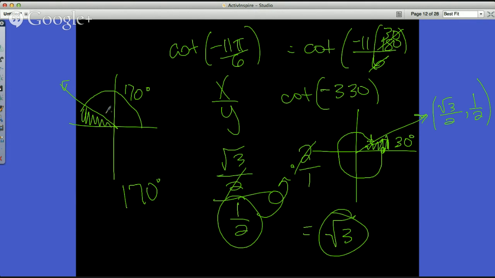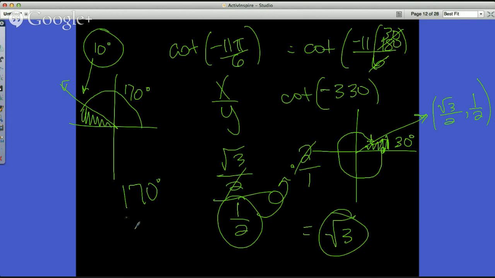Good, it's here. How far is it away from that x-axis? 10 degrees, exactly. So what's my reference angle? 10. So you always use the closest x-axis. If you remember that, you're going to get every one of them right.